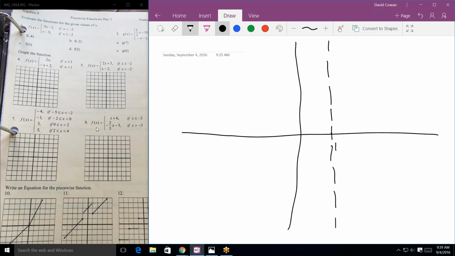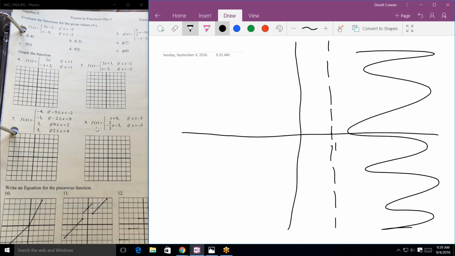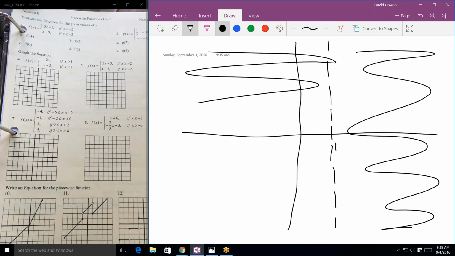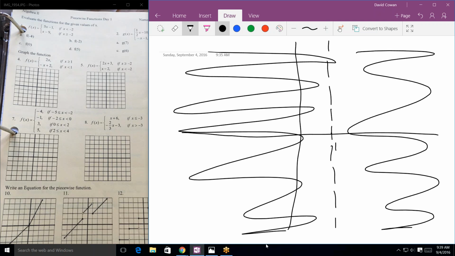And so that's the line that separates these 2 functions. So let's start with the upper one, or the right side. The first function, 2x, is going to go in this area right there. The next function, minus x plus 2, is going to go in that area.